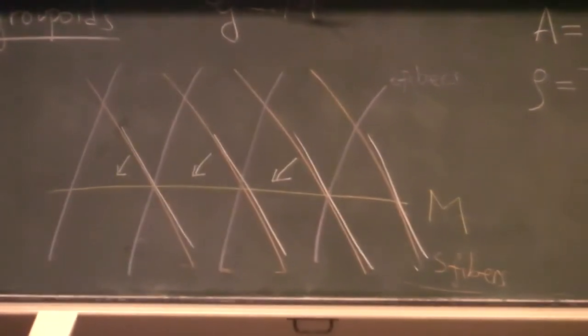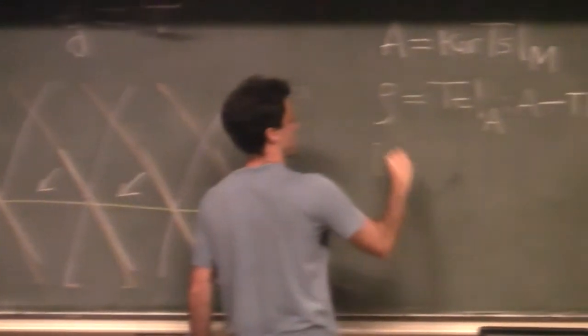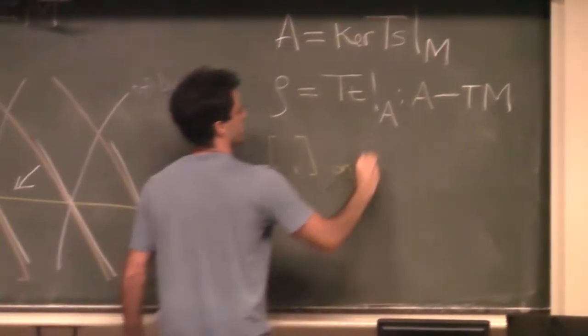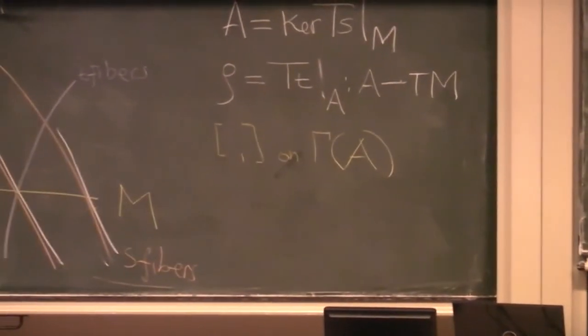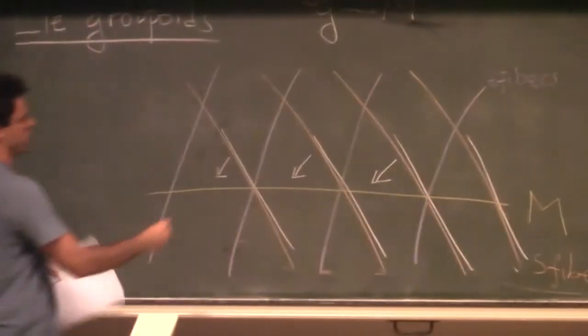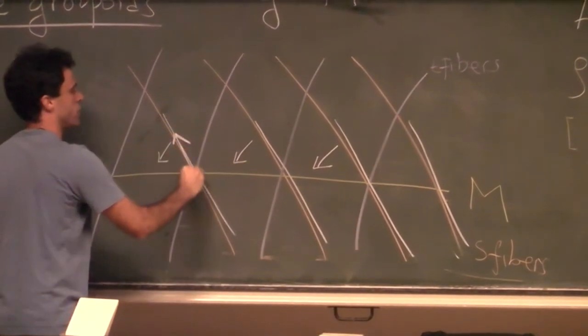And to get the Lie bracket on sections, now I need a bracket on sections of the Lie algebroid. Then, what is a section of the Lie algebroid now? It's just taking vectors which are on these tangent spaces here.